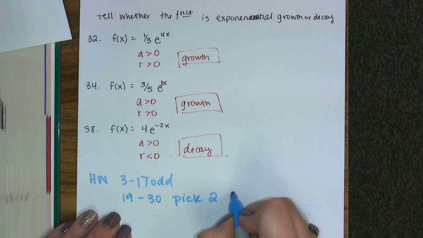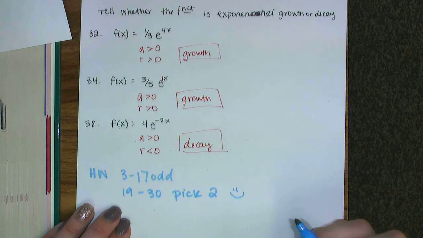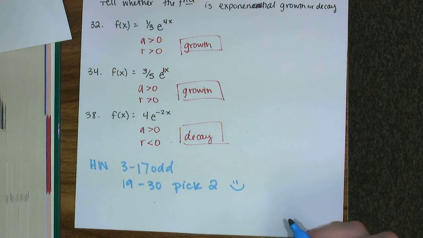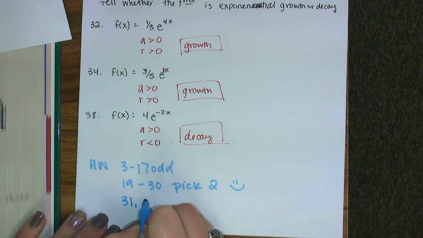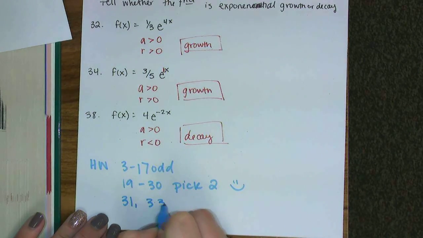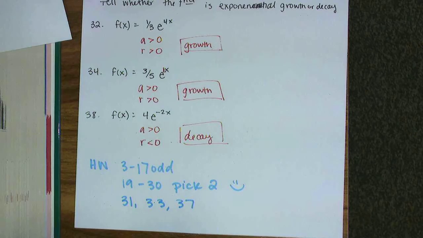And then for the growth and decay, 31, 33, and 37. So it's a few more problems, but they shouldn't take you a super long time, especially these ones here. They should be pretty quick.